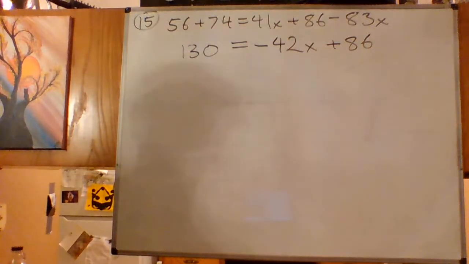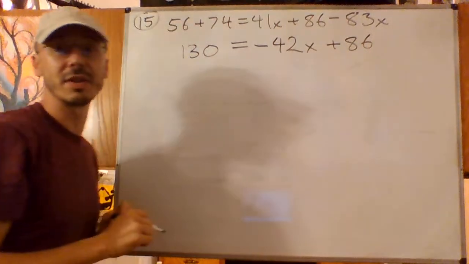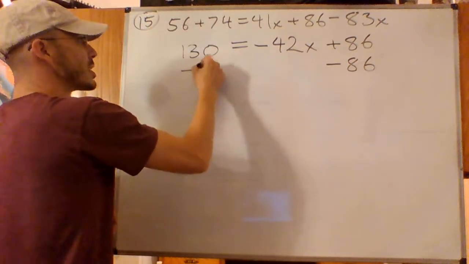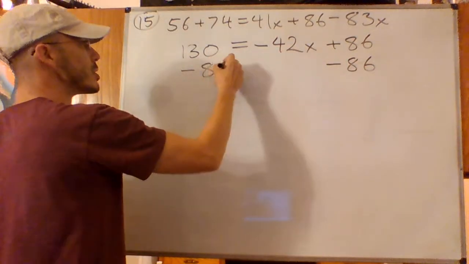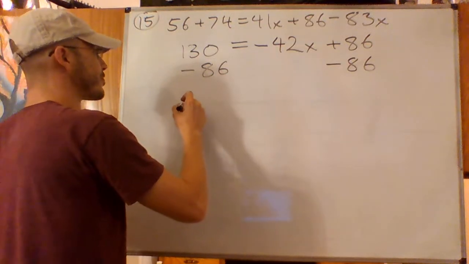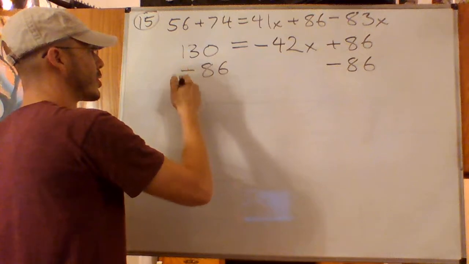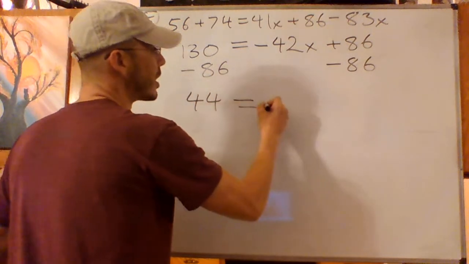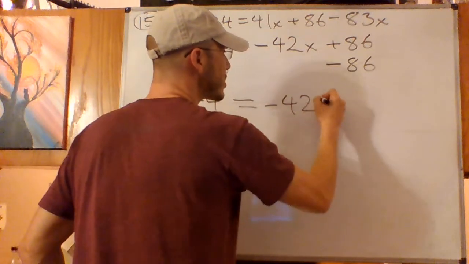And then this plus 86 doesn't have a like term. It's just still there. That is the first thing that I work with in the next step, though. I'm going to subtract away the 86, trying to get my variable alone. This gives me 44, and it equals negative 42x.